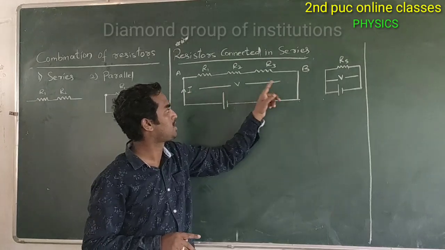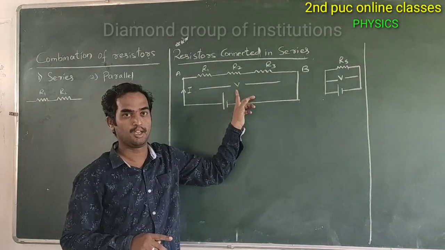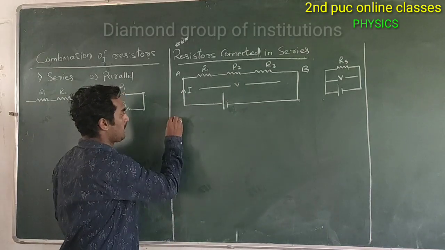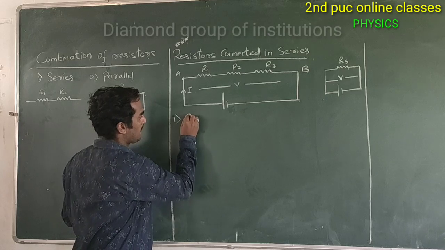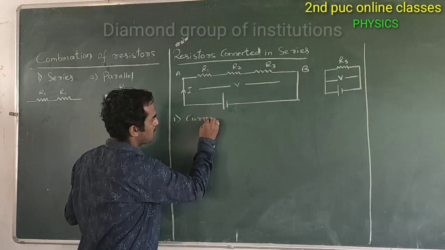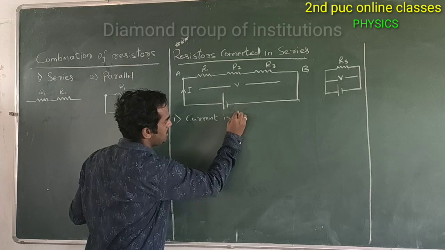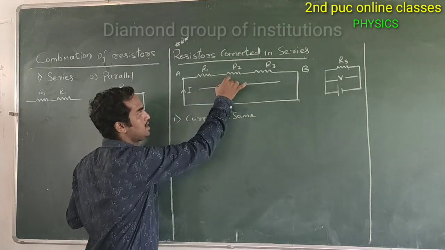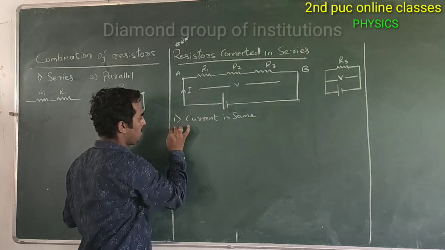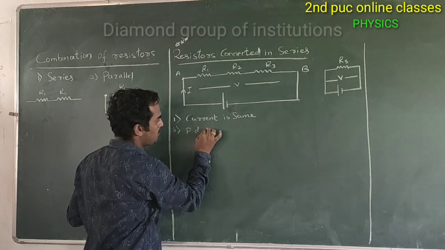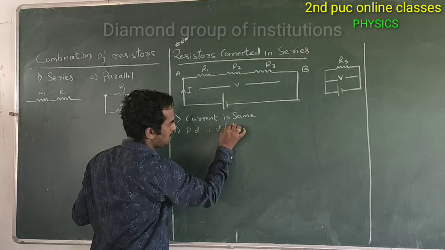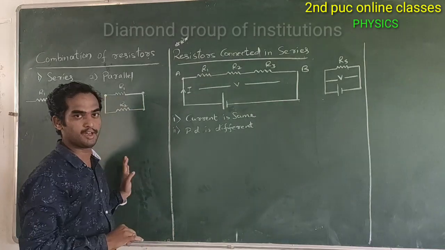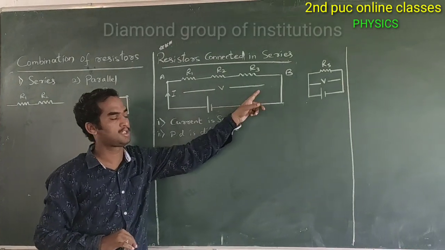I. And the potential difference across here is V. So when the resistors are connected in series, the current is the same across each resistor, and the potential difference is different across each resistor.